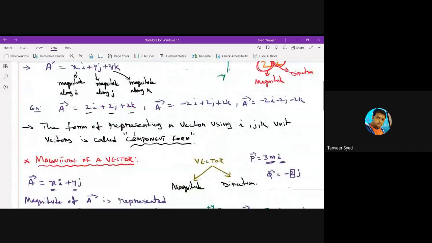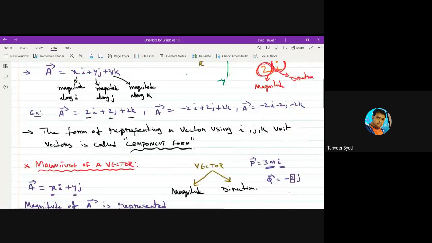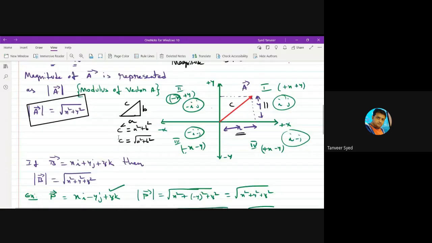Two things are to be found out regarding a vector: its magnitude and direction. If you find a vector in the form of xi plus yj plus zk, then its magnitude will be root of x square plus y square plus z square.